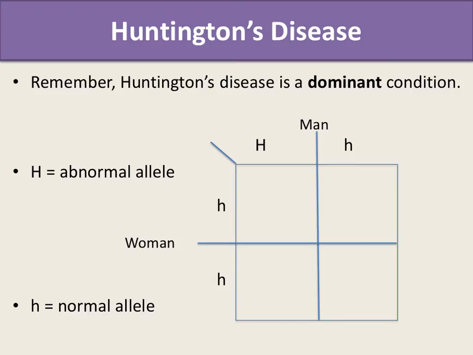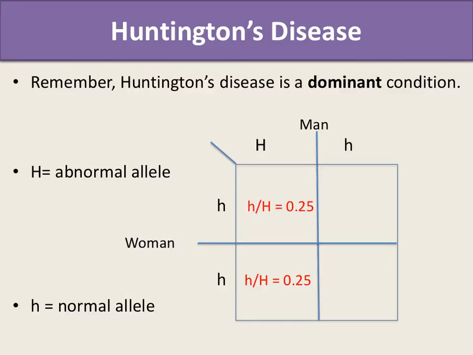So this is what we just did. On the left, we have a woman who's normal. She's got the normal copy, which is a small h. So she's hh. And then we have a man who's actually heterozygote, but remember, it's a dominant trait, so all you need is one copy. So he's got a large H, which is the abnormal allele, and then a small h. And we can now start filling things in.